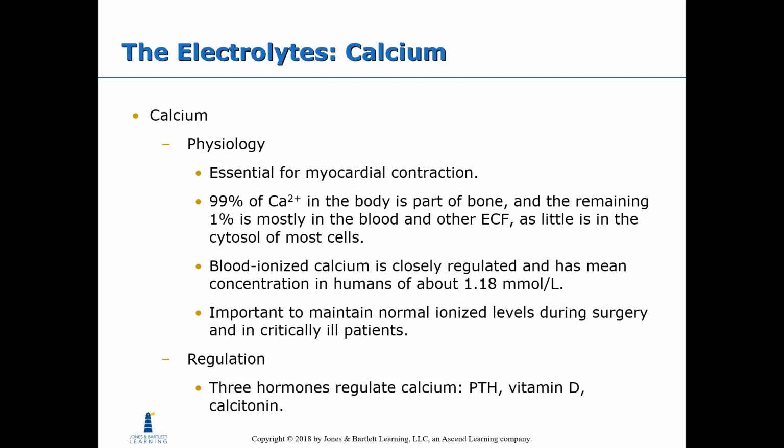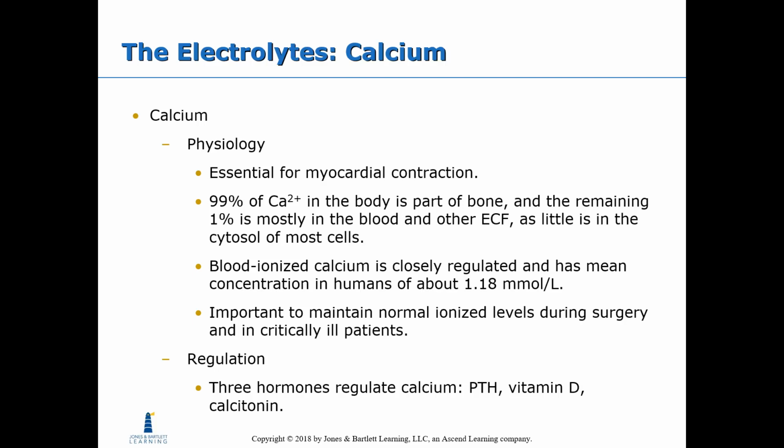Calcium is essential for myocardial contraction, and also regular skeletal muscle contraction. It's essential for a lot of different processes in the body. 99% of calcium in the body is part of bone, and the remaining 1% is mostly in the blood and other extracellular fluid. Little is in the cytosol of most cells. Blood ionized calcium is closely regulated and has a mean concentration in humans of about 1.18 millimoles per liter.